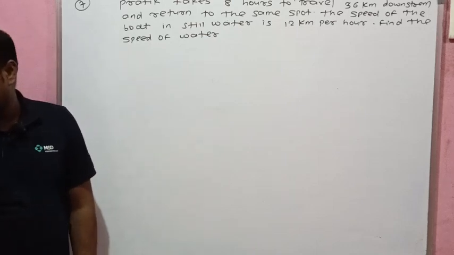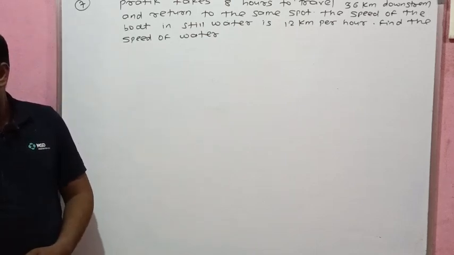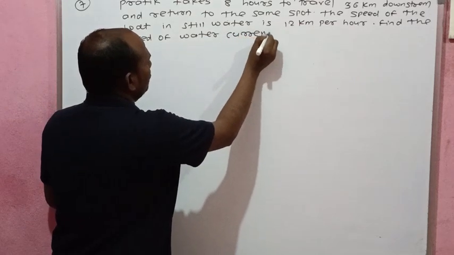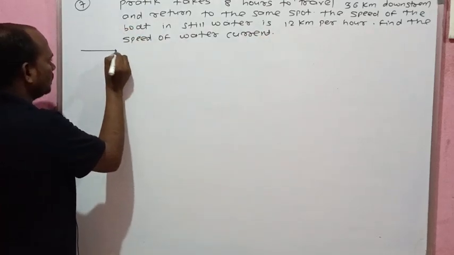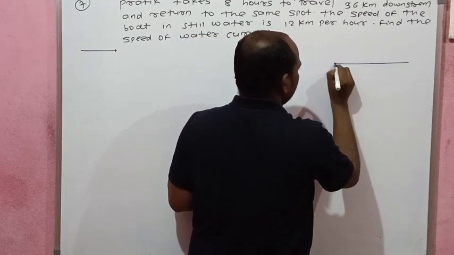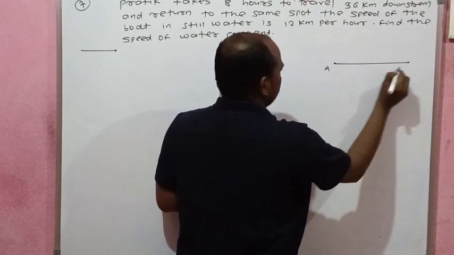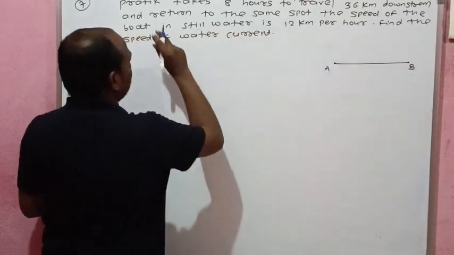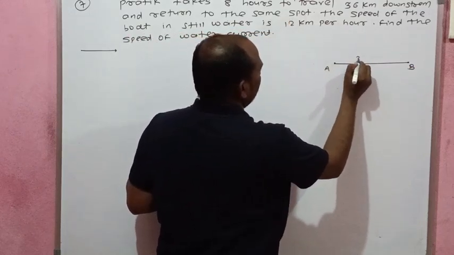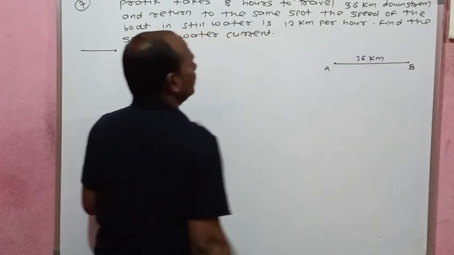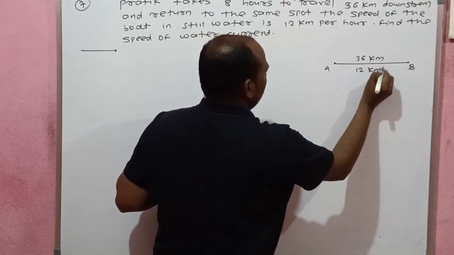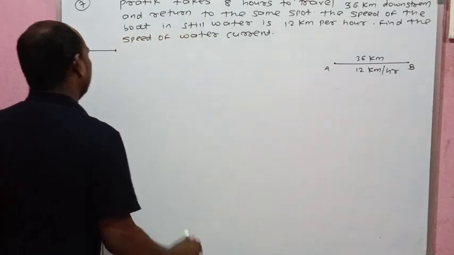Now the answer will be, now we can see, this is the position A and B. Pratik takes 8 hours to travel 36 kilometer and the speed of the boat is 12 kilometer per hour.